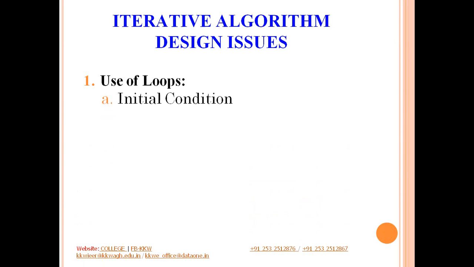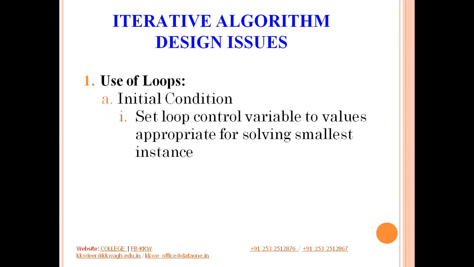Initial condition. That is the first thing we write in any looping construct. How to write initial condition correctly is we must set the loop control variable to values appropriate for solving the smallest instance. Means what? We usually set the value of initial condition to the smallest value. That is, if we are using a loop control variable as i, we usually set the value of i to 0.